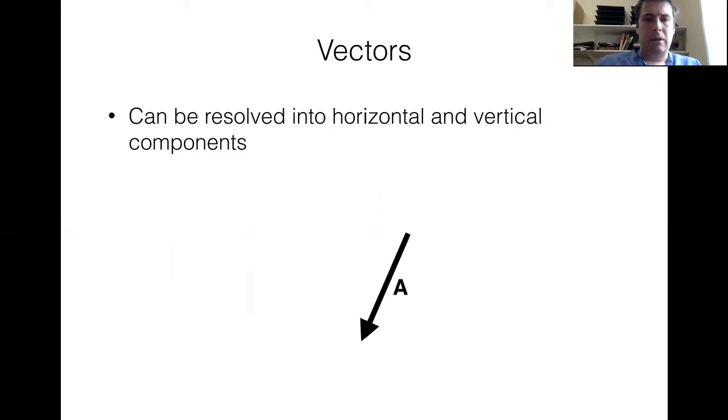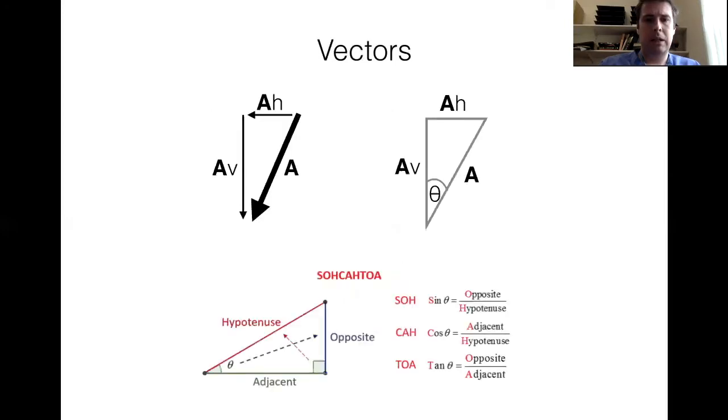When we look at vectors, it's important to recognise that vectors can be resolved into both horizontal and vertical components if we're looking at a two-dimensional vector. For example, this vector A can be resolved into both a horizontal component and a vertical component. The way that we calculate the magnitude of that horizontal and vertical component is through simple trigonometry.